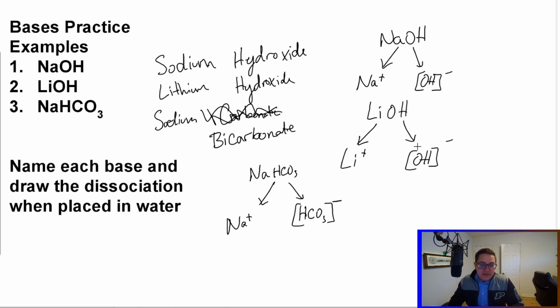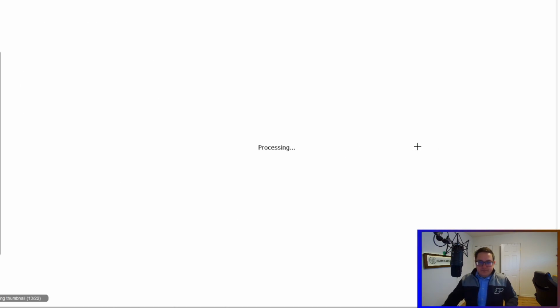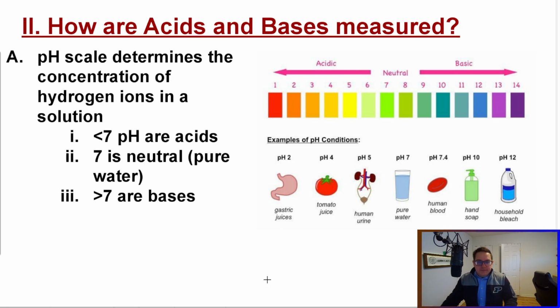However, it's considered a very weak base, so it's not very strong. If you were to wash your hands with sodium bicarbonate, or baking soda, it wouldn't be that bad. If anything, it's used as a cleaning agent in some ways in your house. Anyways, let's keep moving forward and talk about the pH scale.